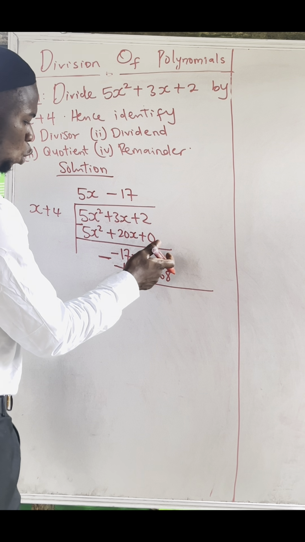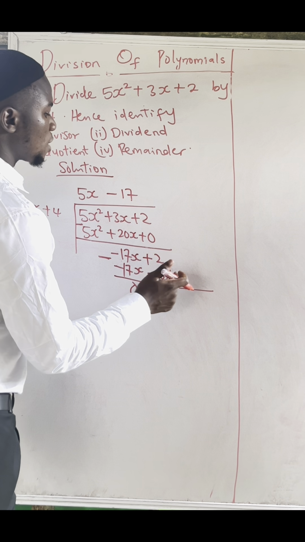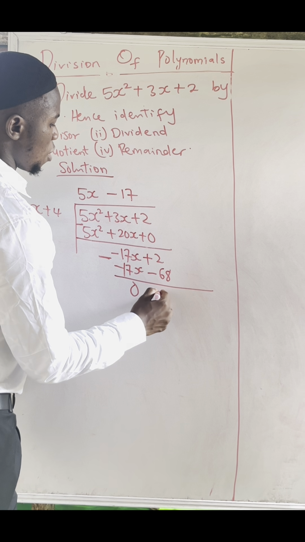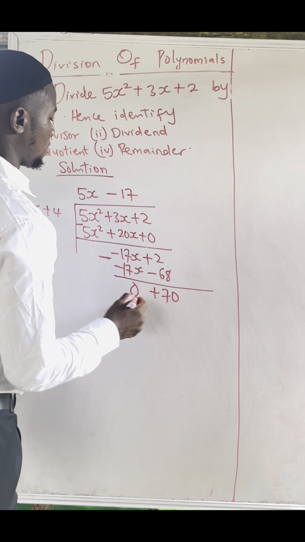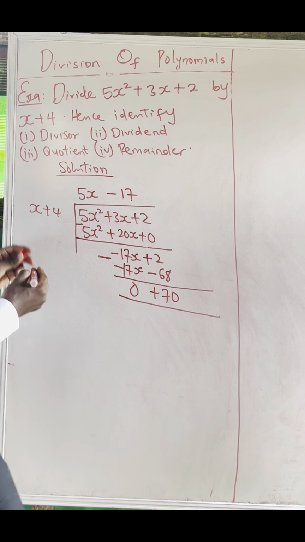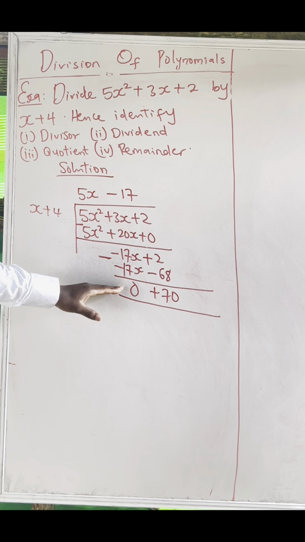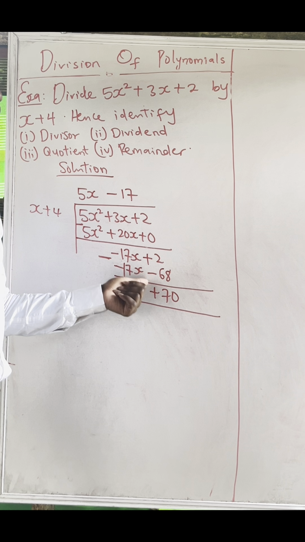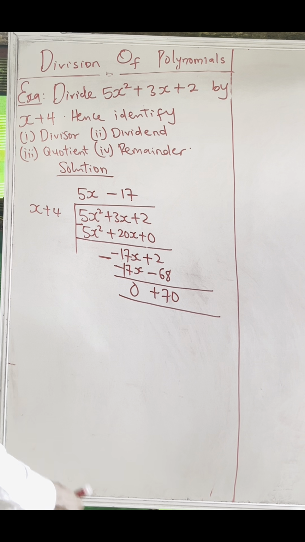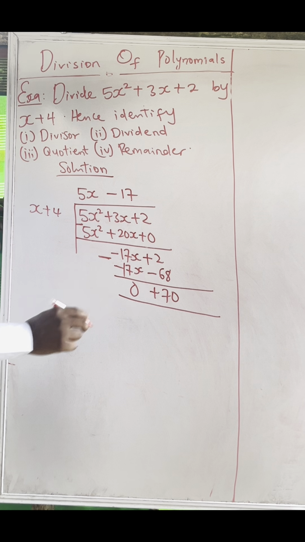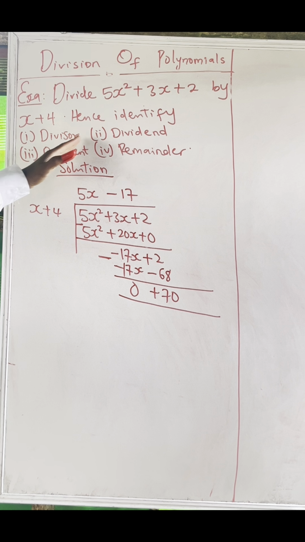Then 2 minus minus 68 would be plus 70. So I'm going to stop here. I'm going to stop when I don't have any value of x again. So therefore, guys, I'm going to identify the divisor, dividend, quotient, and remainder.